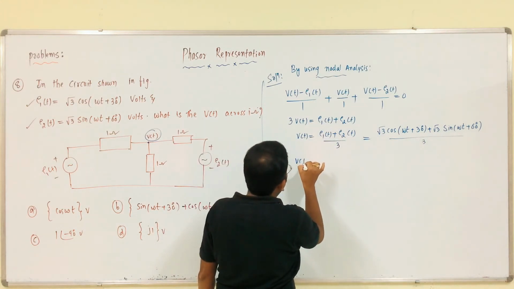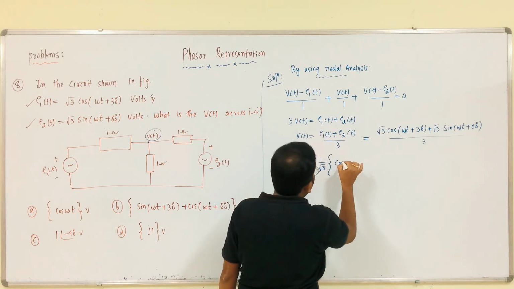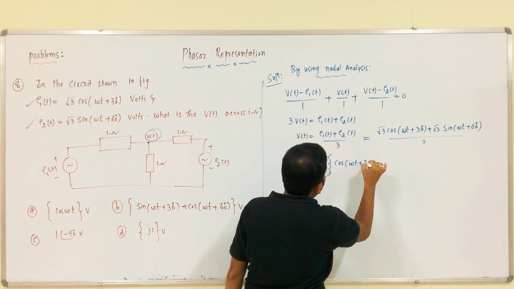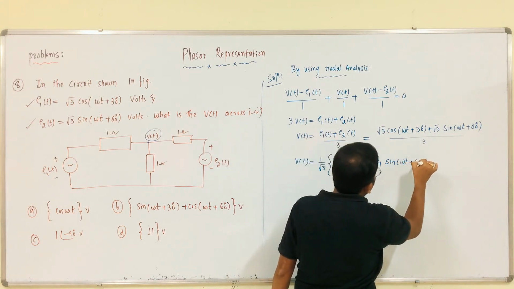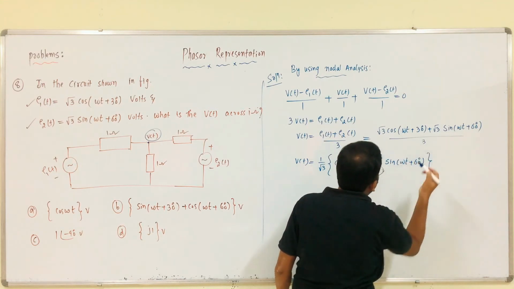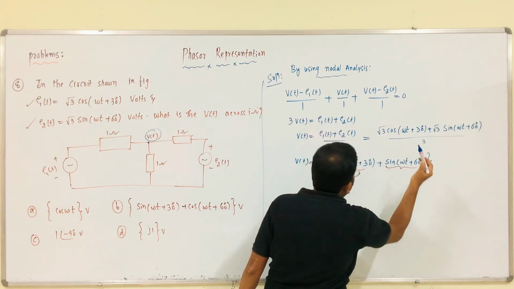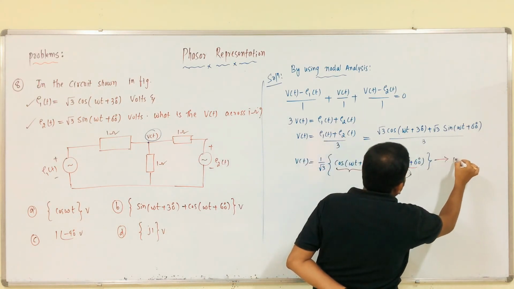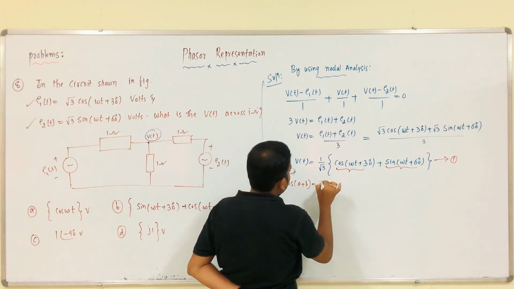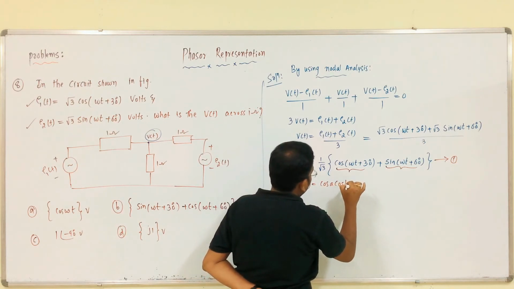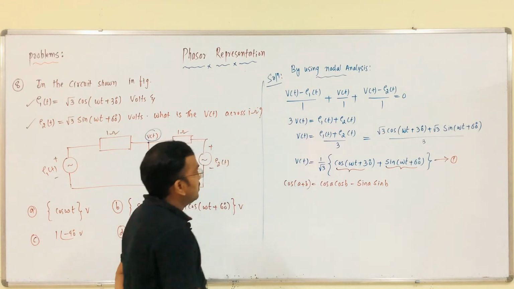So, from this root 3 gets common. We have V of t equals 1 by root 3 times [cos(omega t plus 30) plus sin(omega t plus 60)]. For example, cos of (a plus b) is cos a cos b minus sin a sin b.